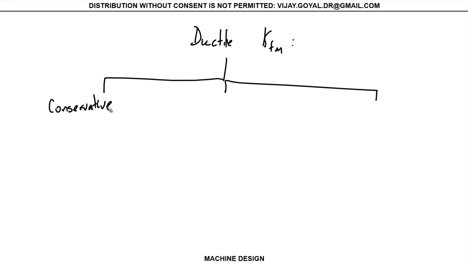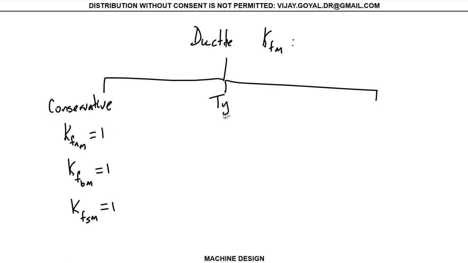You have to put a stronger material in the picture. And what we do here in this case is we say we want to put KFAM equal to 1, KFBM equal to 1, KFSM equal to 1. So this is a conservative approach. Just assume it's equal to 1.